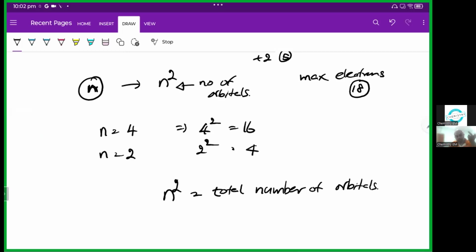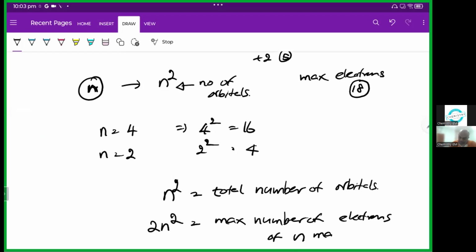If the main energy level is n, maximum number of electrons that main energy level can have is 2n squared. This is the maximum number of electrons of n main energy level or principal quantum number.